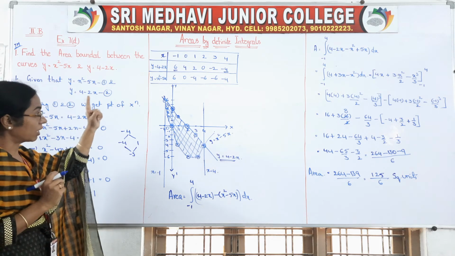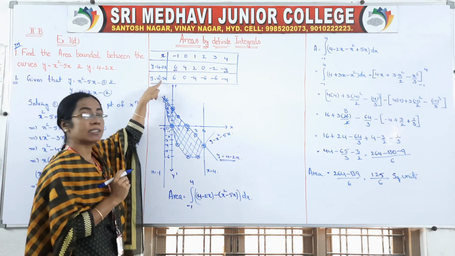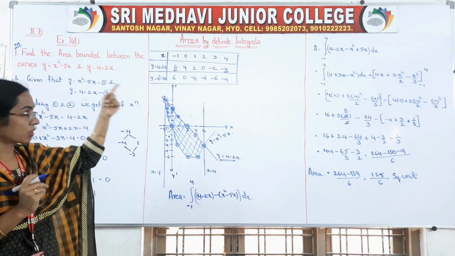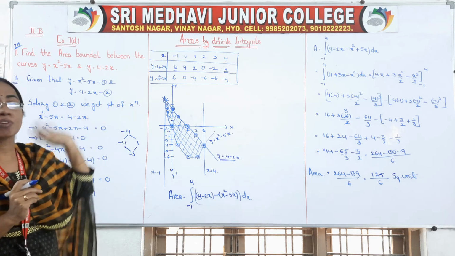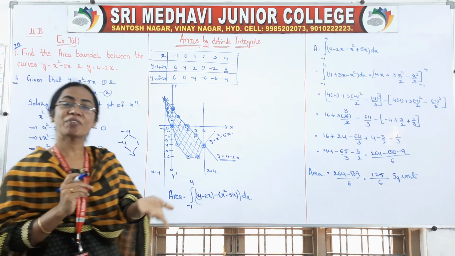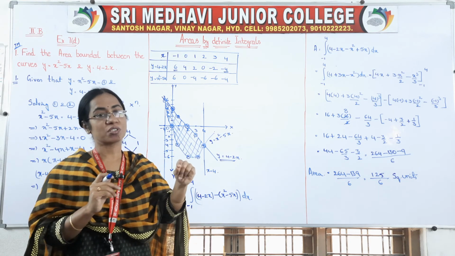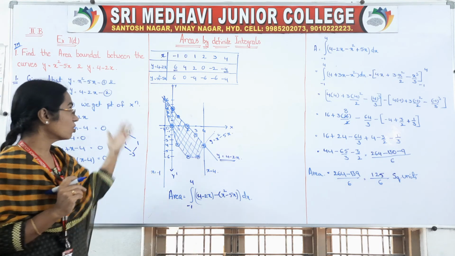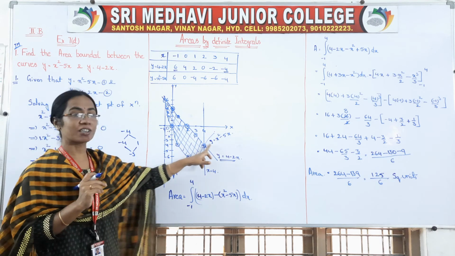Next you take the line equation y is equal to 4 minus 2x and you take the other curve equation. Substitute those x values in the line equation and you will get your y coordinate. Line is given as y, curve is also given as y. So if you substitute those x values, you will get the respective y values. Once we know x and y values, first draw the line, then draw the curve.